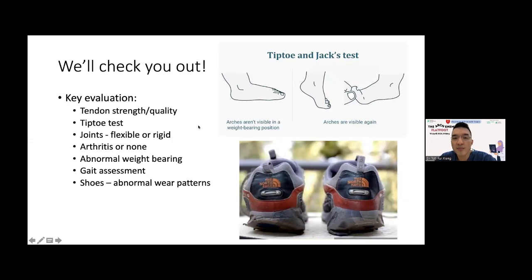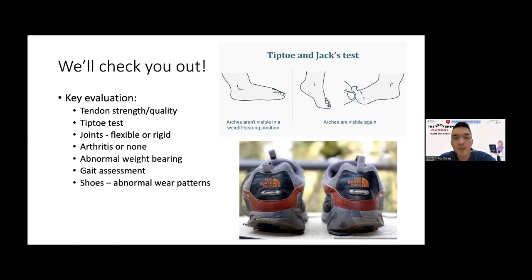Whenever you come and see us in clinic, we evaluate a few things. Firstly, we look at the tendon function and strength. The commonest cause, as they mentioned previously, will be dysfunction of your posterior tibial tendon. In the adult population, this is one of the most common causes we see, and we assess to see how severe it is. We also do a tiptoe test, which you can see in the top right-hand corner, to see if you're flexible or fixed.